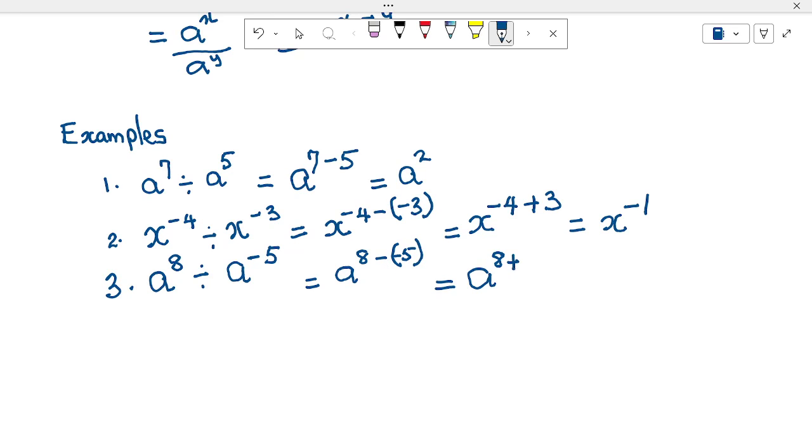So plus 5. Your answer becomes, therefore, a raised to power 13. Look at it very well. Study it very well, as we are going to take our last example before we end this class.